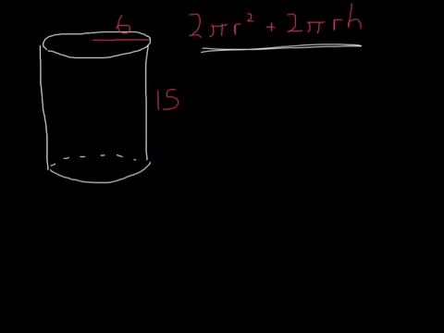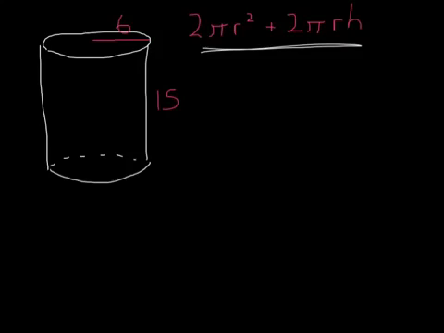So let's do a worked example to finish off this video. Here's my formula, 2 pi r squared. It is 2 because I have two circles, and pi r squared is the area. And I'm going to add the surface area of the body, which is the circumference, 2 pi r, times the height.